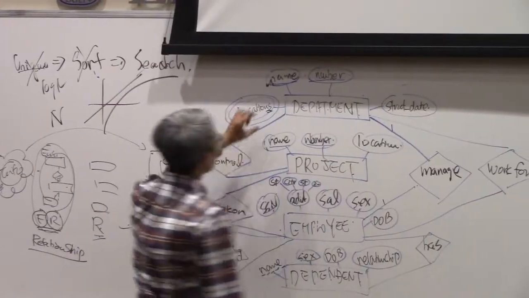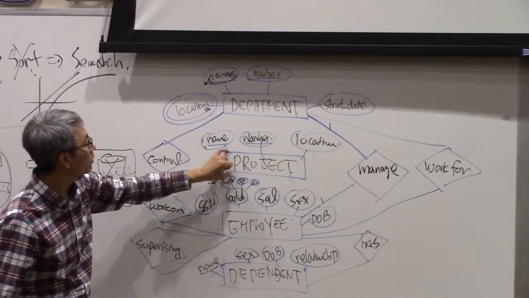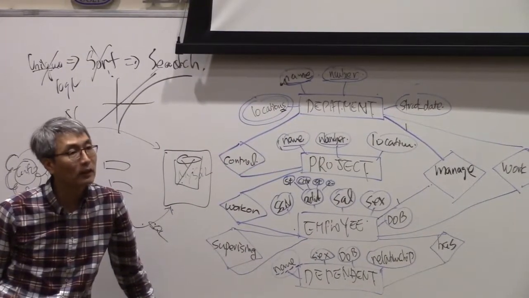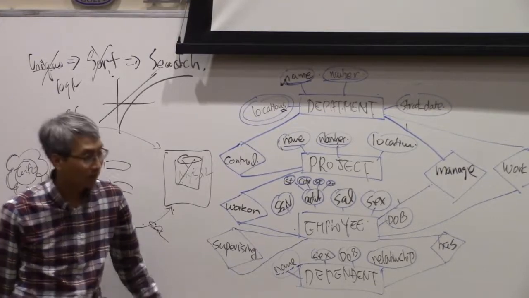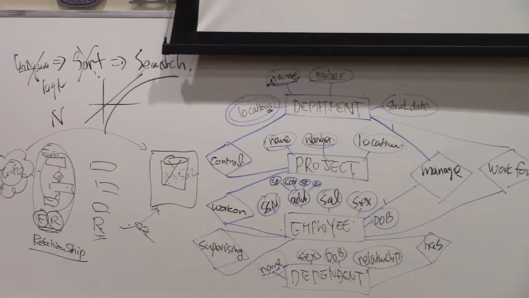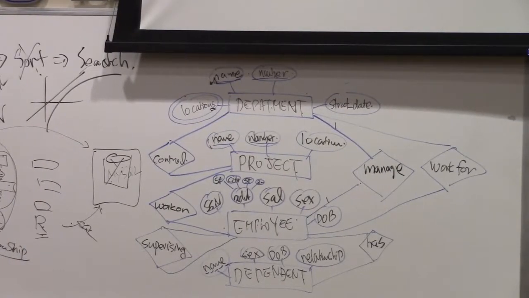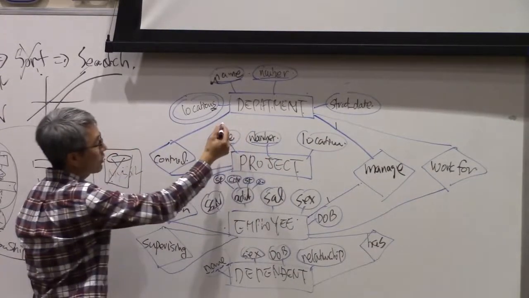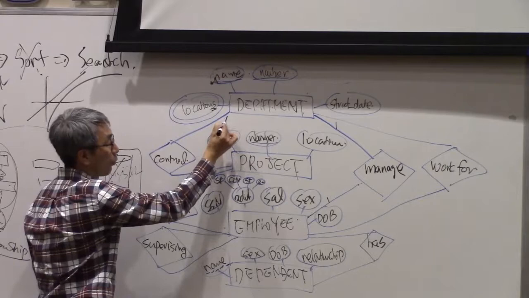What about this department controls project? Is it 1 to 1, 1 to many, many to many? If you read the description, the controls part, second blank: each department, one department controls a number of projects. So 1 to many. Which one is the one side?